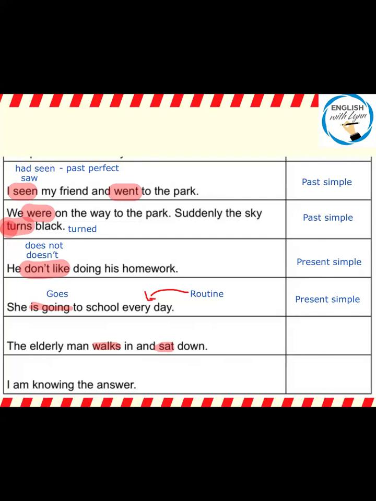So we could say "the elderly man walks in and sits down," or we could change it to "the elderly man walked," so that it is in the past tense, "and sat down." So this one, it is in the simple tense, but it is either past simple, or some of you will use it as present simple, okay?